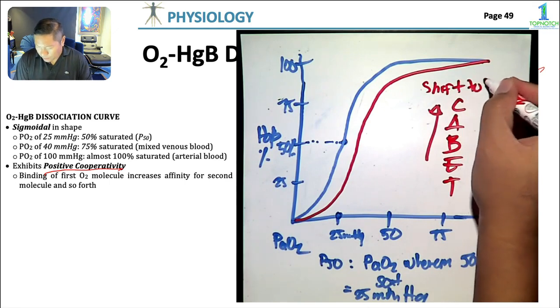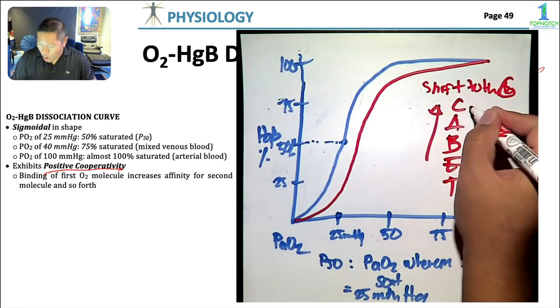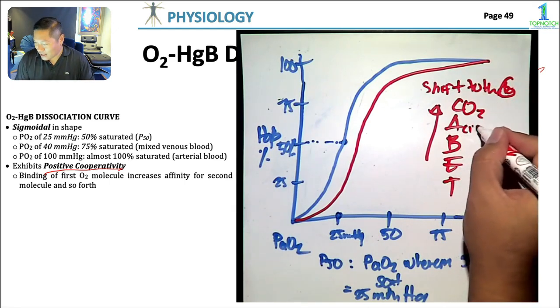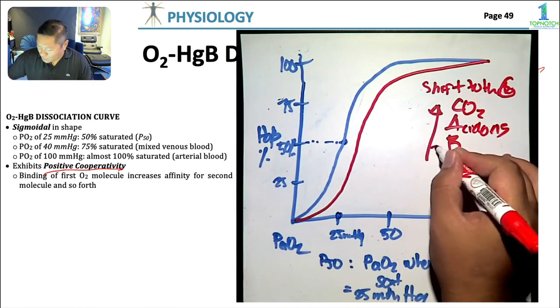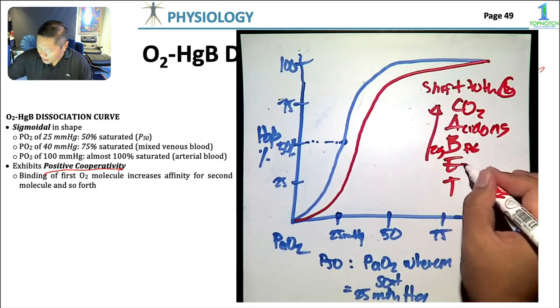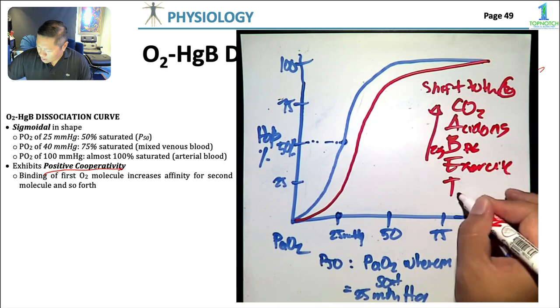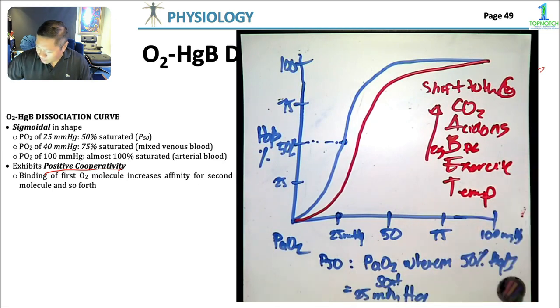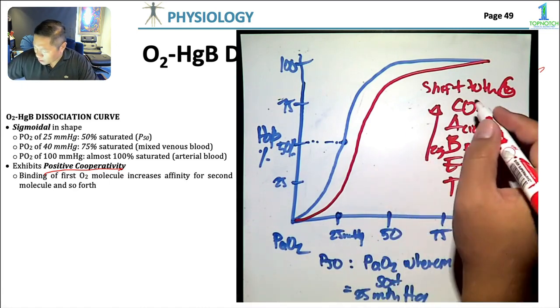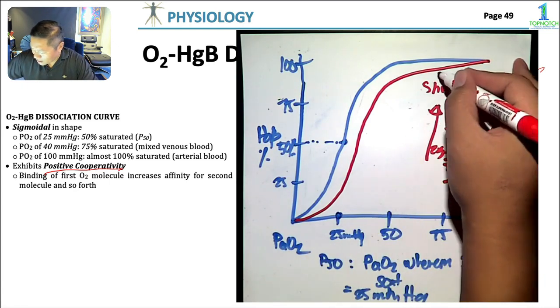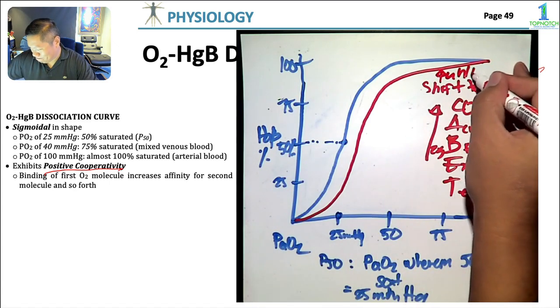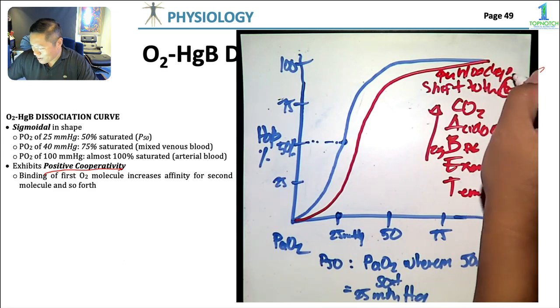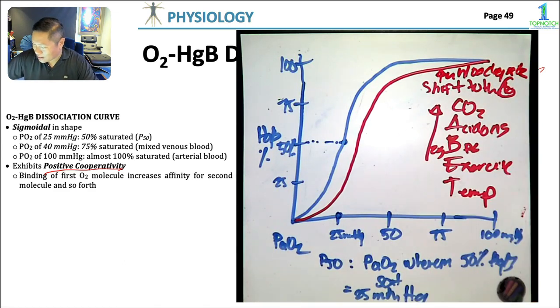Okay? Now, ano ang ibig sabihin ng shift to the right and shift to the left? When you say shift to the right, literally, yung O2 hemoglobin dissociation curve mo, pupunta rito. May right shift ng curve. Okay? This will happen if you have an increase in your kabit. An increase in your kabit will cause a shift to the right.